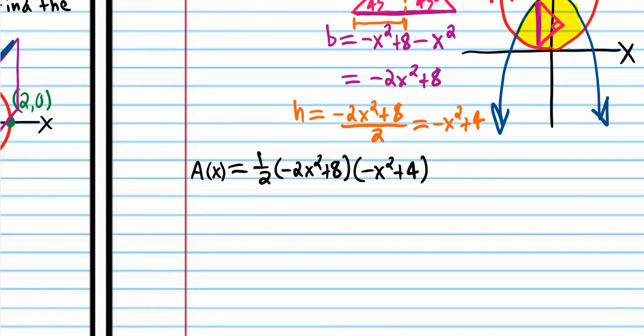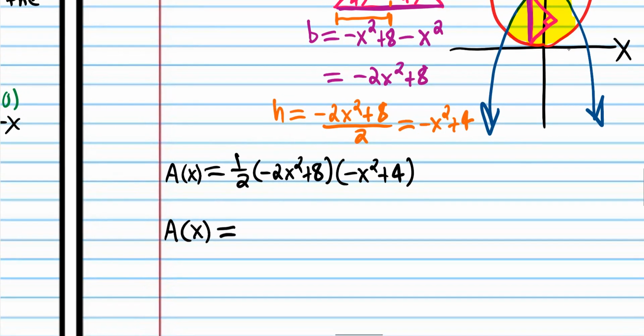If you factor out a 2, that just gets rid of that 1/2. Or you can just multiply this 1/2 into this. Now, a lot of students will say, well, we're going to multiply this 1/2 into this, and we're going to multiply it into this. It's a distribution rule. Well, no, that only works if you're adding the green expression and the blue expression. We're not adding them, we're multiplying. So anyway, long story short, we get negative x squared plus 4 times negative x squared plus 4.